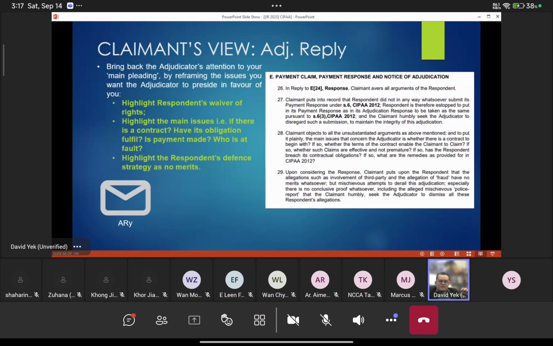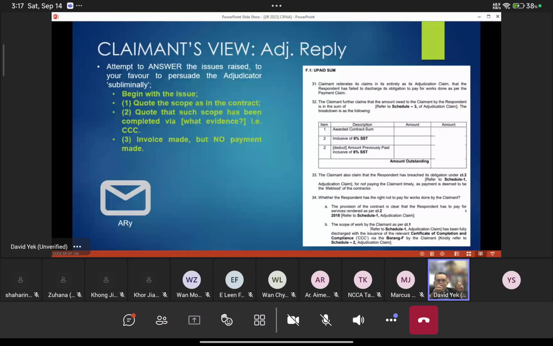Then you have to highlight in what way the respondent has already forfeited or waived his right. And then, of course, you have to draw the adjudicator's attention back to your claim. After he heard you, then he heard the respondent, his mind may now be with the respondent. You have to take his mind and bring it back to your issue.